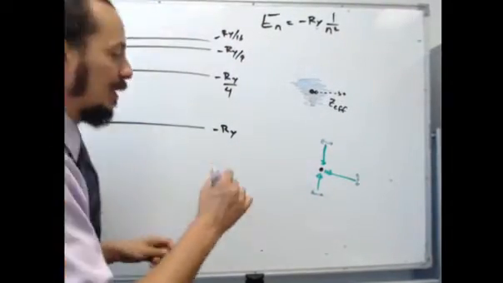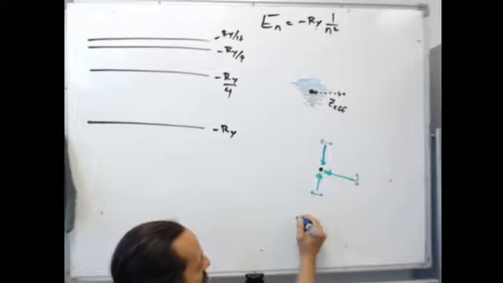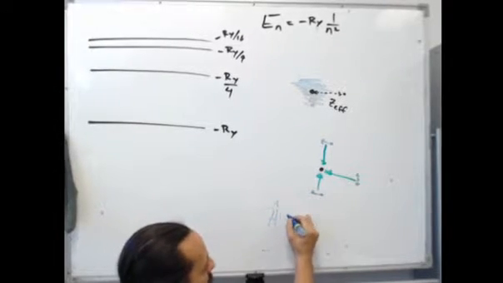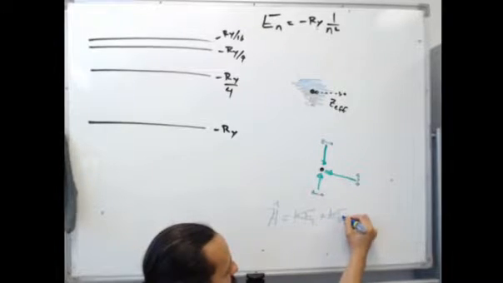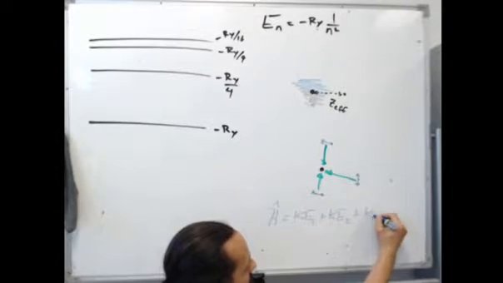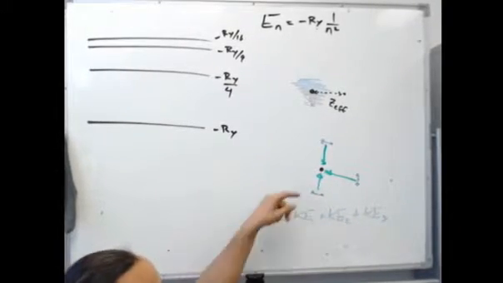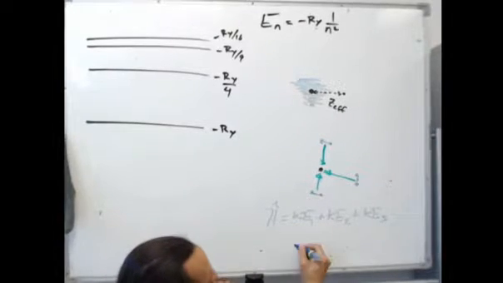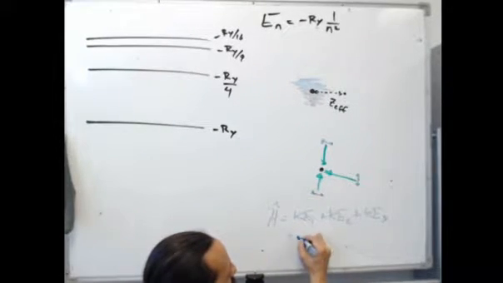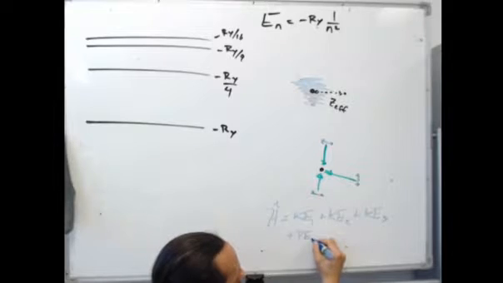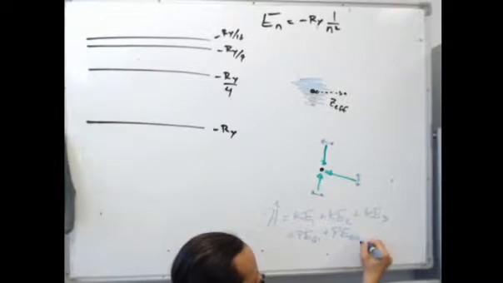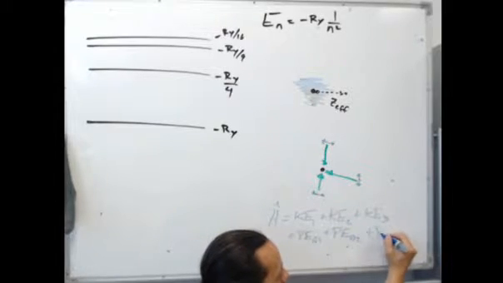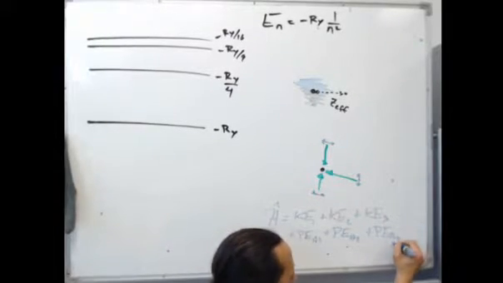That's going to be 3 terms in the Hamiltonian. We'll call it kinetic energy 1 plus kinetic energy 2 plus kinetic energy 3. Then each electron is going to be attracted to the nucleus. We'll call that plus potential energy A1 plus potential energy A2, A is for attraction, plus potential energy A3.